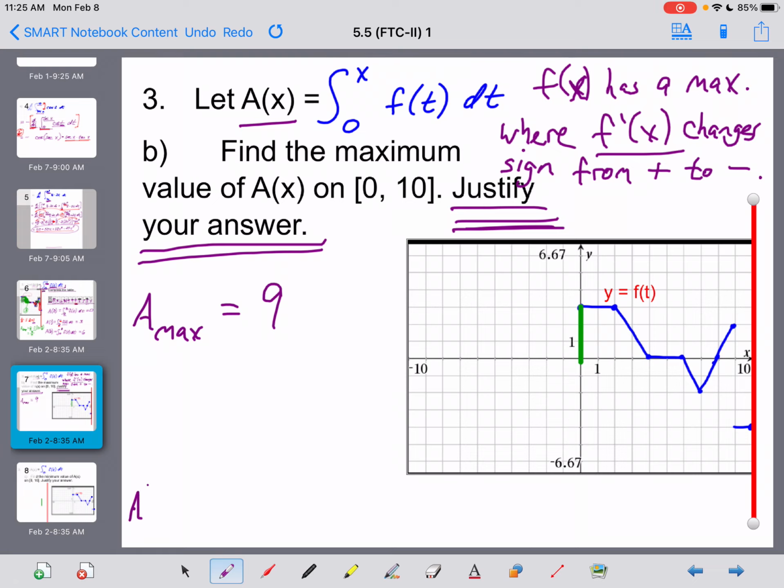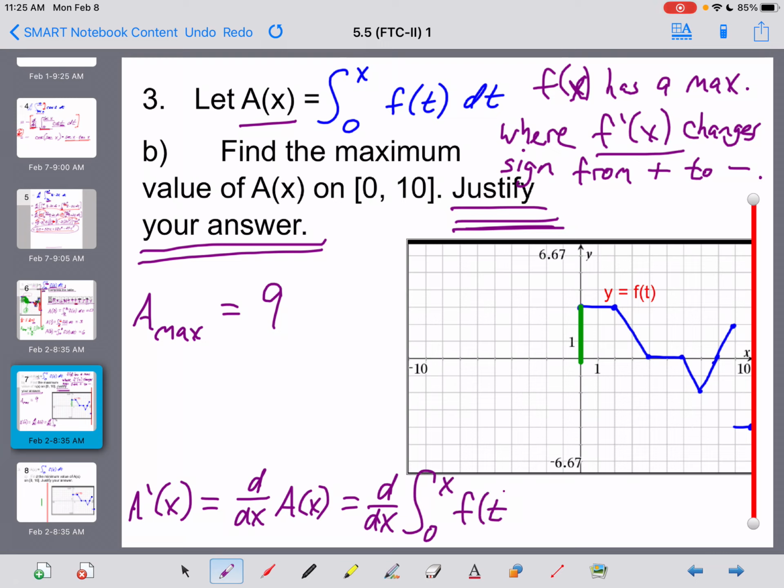So A prime of x, everybody, is defined as the derivative with respect to x of A of x, which means it's the derivative with respect to x of the integral from 0 to x of f of t dt.